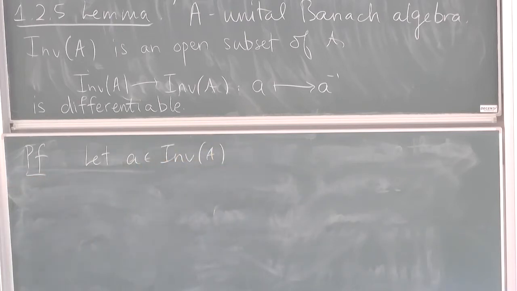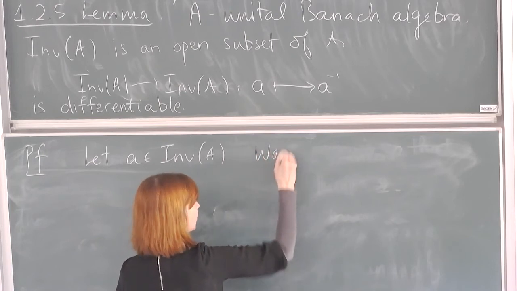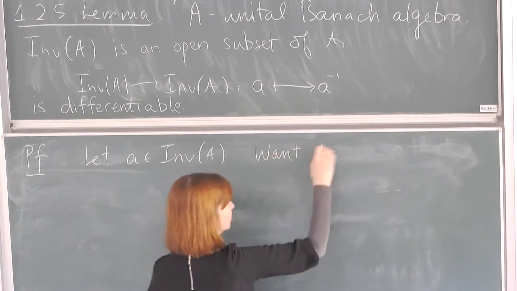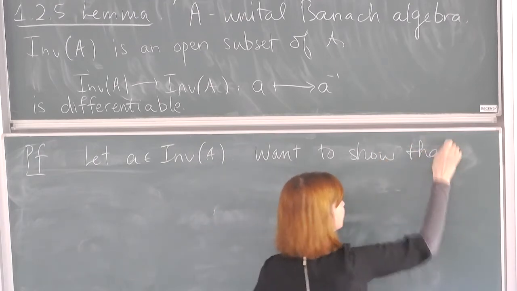And we want to show that if B is near a and it's sufficiently close, then it's also invertible. And that will be enough to show that it's open.